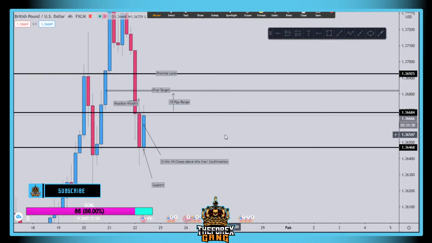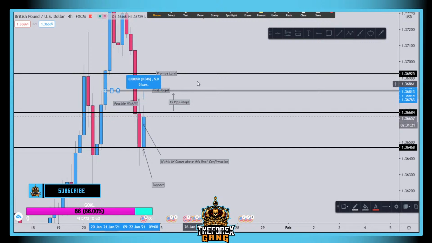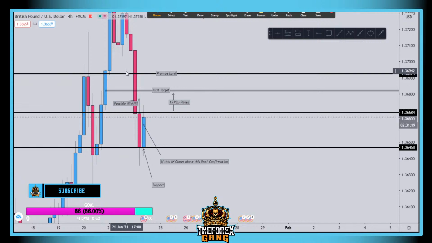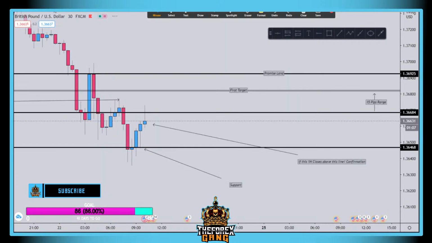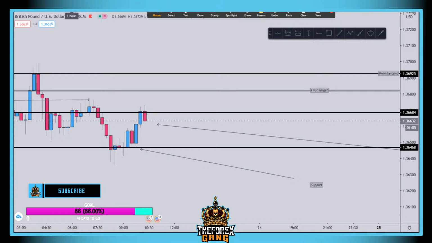If it breaks the 4 hour and we enter, for example, then it's like 5 pips. But if it breaks that, then there's a 70% chance we're going to go to the promised land. Yeah, true. Oh wow, this rejected heavy.